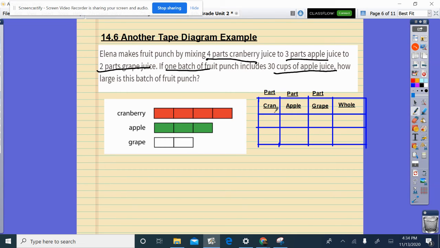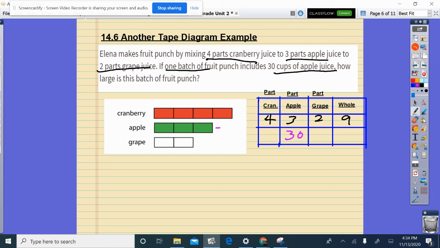Okay, so this is a 4 to 3 to 2 for a total of 9 parts to make total punch. And they say this is going to be 30 for apple juice.